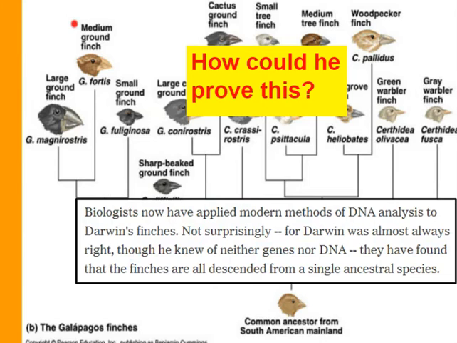But biologists now have applied modern methods of DNA analysis to Darwin's finches. Not surprisingly, for Darwin was almost always right. Though he knew of neither genes or DNA, those words weren't in his vocabulary at that time, guys. We're talking about the 1850s, almost 1860 when he wrote his book. They have found that finches are all descended from a single ancestral species, and now they can take DNA from that one species, which is not extinct, that lives on the mainland of South America, and compare it to the DNA of all these finches on the islands.